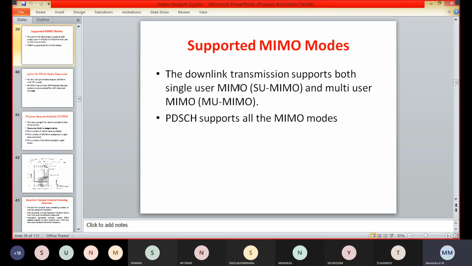Next we have closed loop spatial multiplexing, with closed loop precoding as a special case when the channel rank is 1. Next we have the conventional direction of arrival, that is DOA based beamforming.